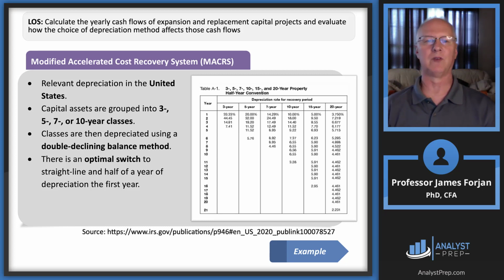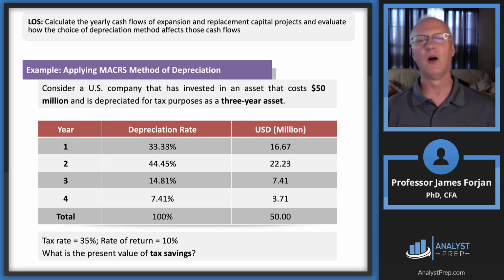Although I always scare my students whenever I do stuff like this. I'd say, hey, you need to memorize this for the exam. And then I move on. And then after like 3 or 4 minutes, they'll say, oh, Jim, you can't be serious. So depreciation rates, multiply each of those by 50 million, and you get the amounts over there, 16, 22. And then, of course, if you sum them, they have to sum to the initial cost of 50 million.